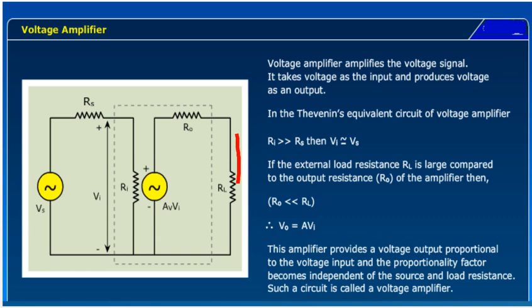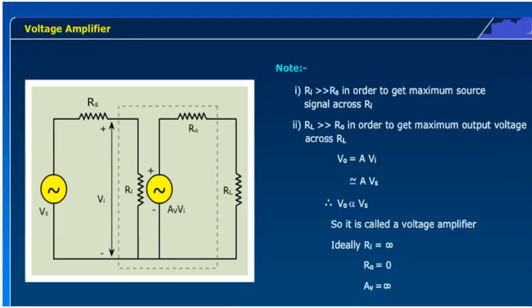This amplifier provides a voltage output proportional to the voltage input, and the proportionality factor becomes independent of the source and the load resistance. Such a circuit is called a voltage amplifier.